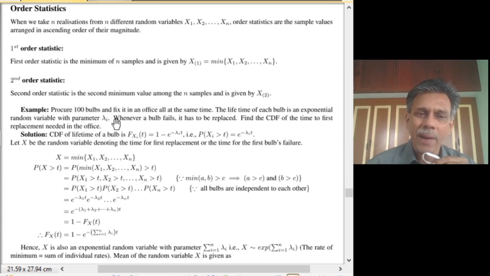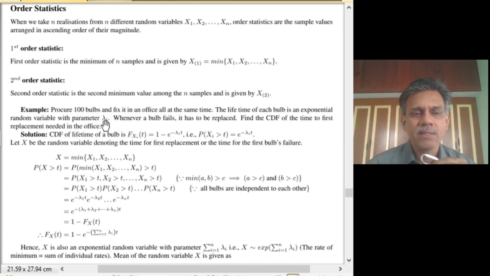To give a practical example where order statistics play a role, let us assume that we procure 100 light bulbs and fix them in the office at the same time. We assume that these bulbs have lifetimes which need not all be the same, but we model them as exponentially distributed random variables with different parameters.